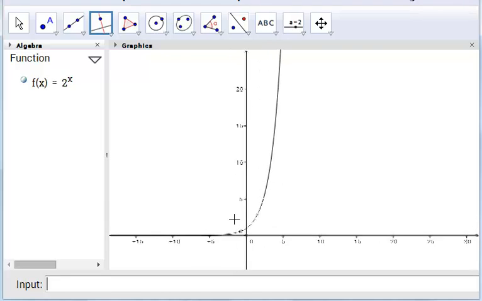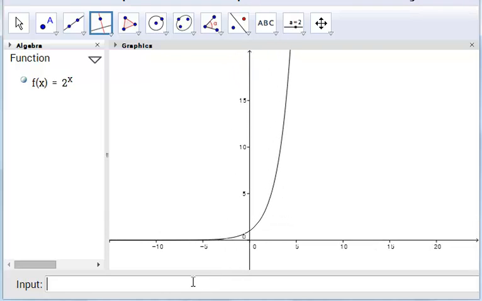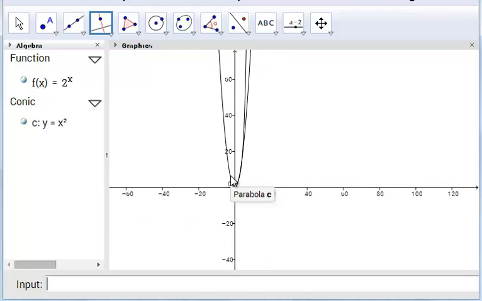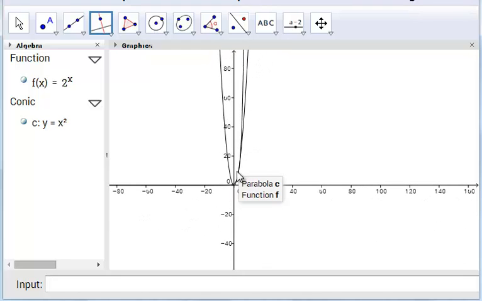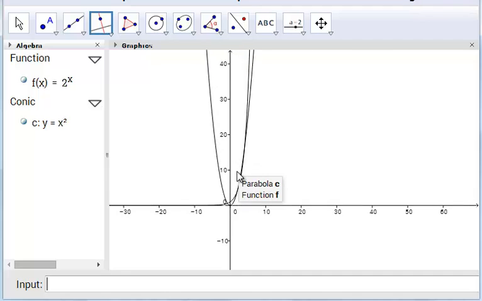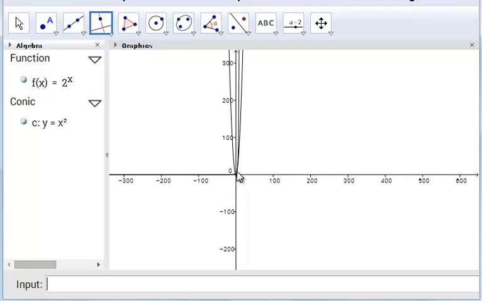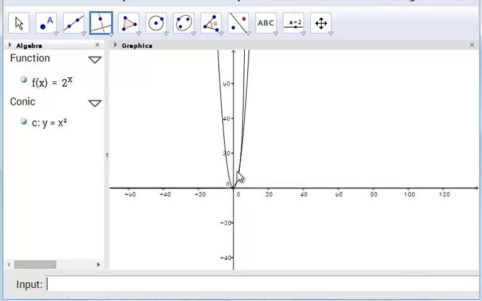If we compare this to a parabolic function, so y equals x squared, you can see that it shoots up just like a parabolic function. In fact, it shoots up slightly faster.